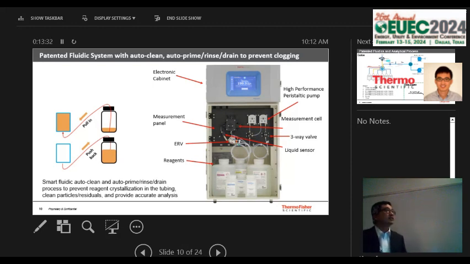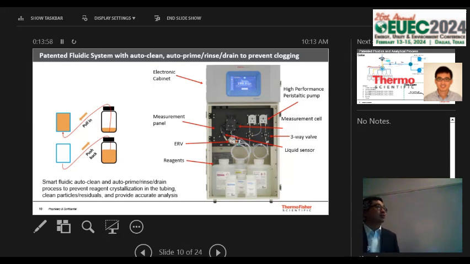In this new analyzer, what we designed is a smart system. First, it has auto cleaning. If you haven't run for a long time, it will start auto rinsing, auto cleaning, injecting water and cleaning chemical to make sure it's clean. In addition to that, we have a smart way to make sure we're not leaving the reagent in the sample line, so it does not get crystallization or solids forming.